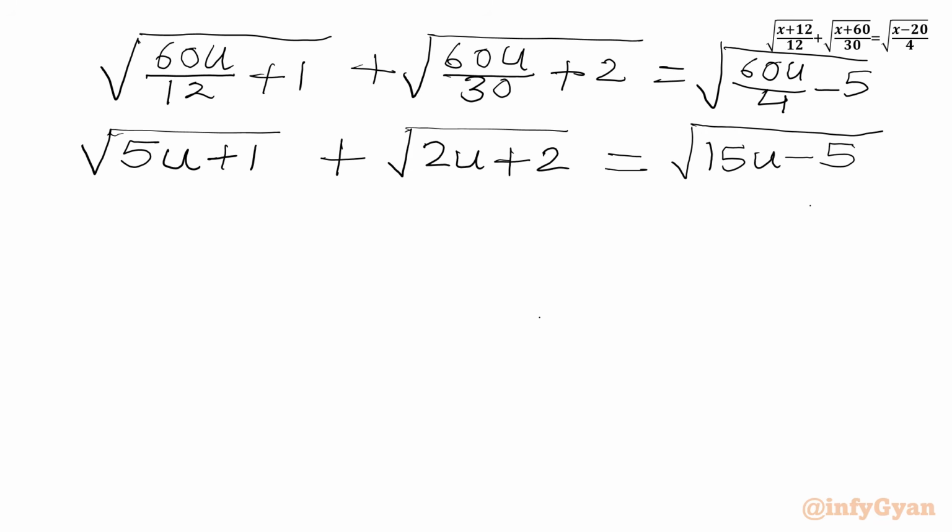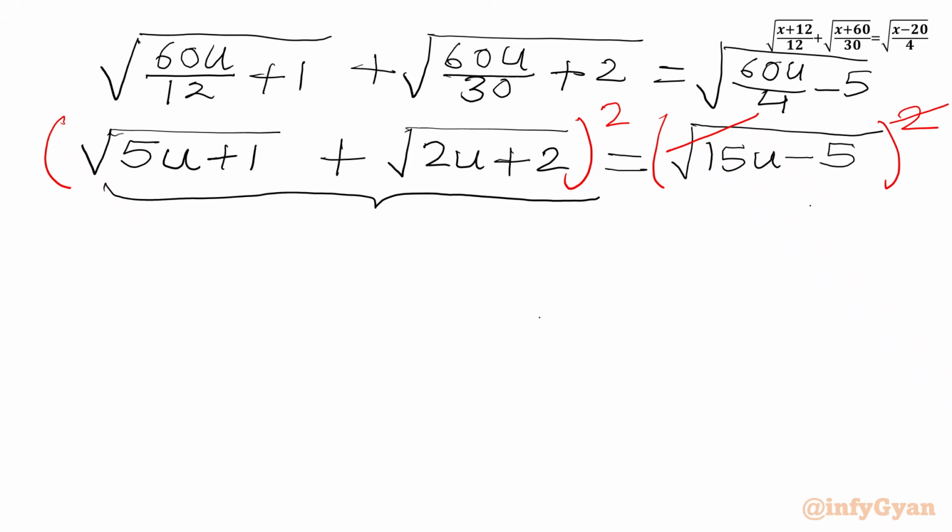Now we are going to square both sides. So whole power 2, whole power 2. We'll cancel the square root with the square on the right hand side and we'll be using the a plus b whole square formula on the left hand side.